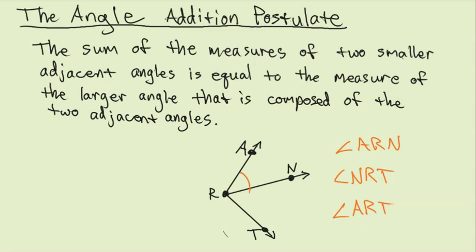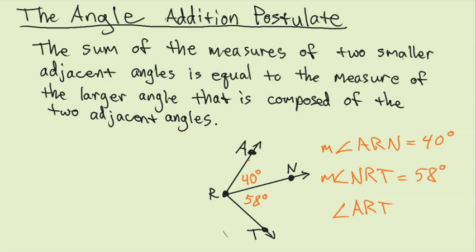So let's say that this angle right here is a 40-degree angle, okay? And then let's say that this angle here is a 58-degree angle, okay? So the measure of ARN is 40 degrees, and the measure of NRT is 58 degrees.